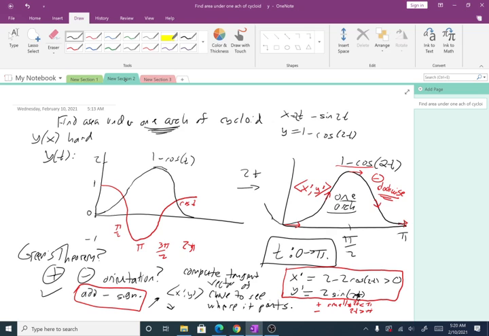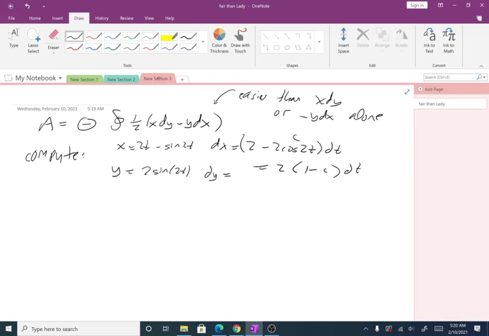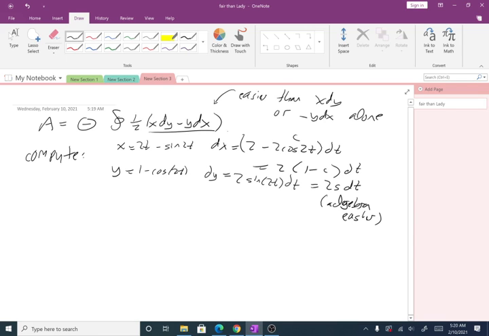Oh, I'm sorry. Y is 1 minus cosine 2t. I just wrote down the derivative. Well, that makes it a little easier. So 2 sine 2t, I'm going to relabel that as 2s, so it makes the algebra easier, because we need to multiply some stuff.